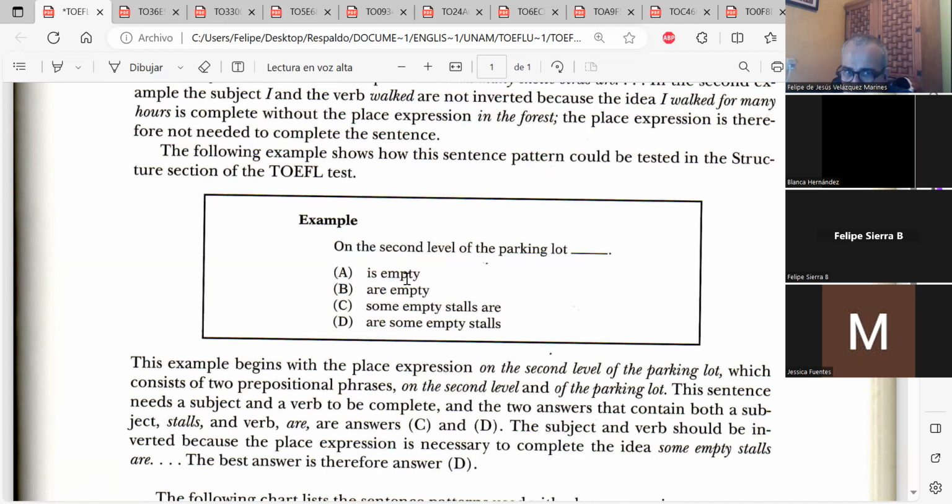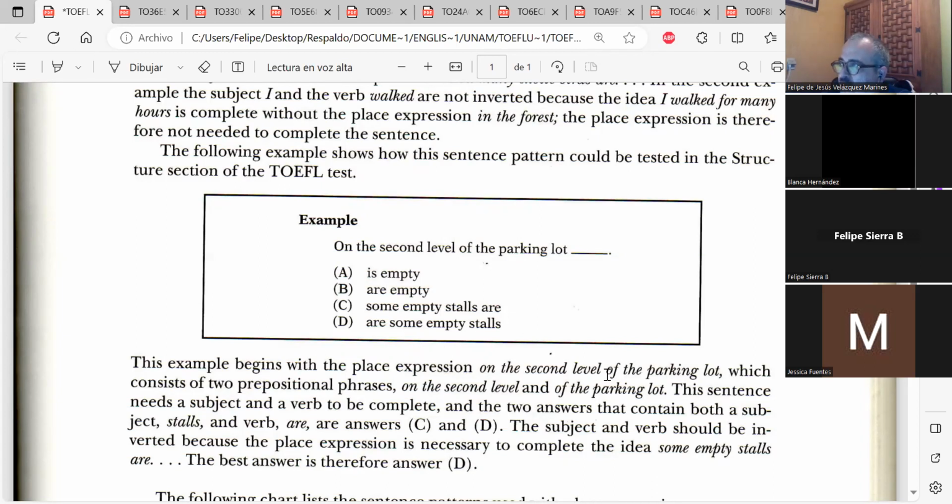So place, verb, adjective, you can say "on the second level of the parking lot is an empty space." You can say that. "Some empty stalls are?" Yeah, but then you would have to use a comma: "on the second level of the parking lot, comma, some empty stalls are." But you don't have a comma. So you have to use place, verb, subject: are some empty stalls. Yes, very good. Place, verb, subject: are some empty stalls.